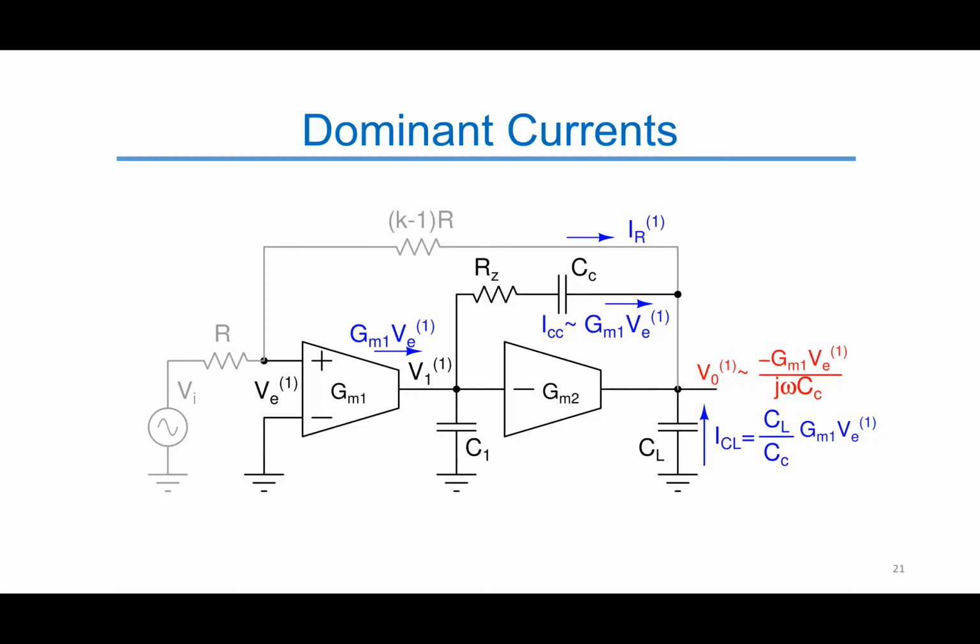Note that since Cl is much larger than Cc, this current is much larger than that arriving through the compensating capacitor. Also, generally, since the feedback resistors are designed not to load the output stage significantly, the dominant contributor of the output current is the one flowing through Cl.